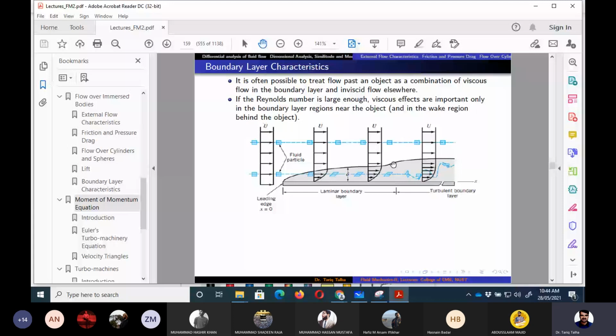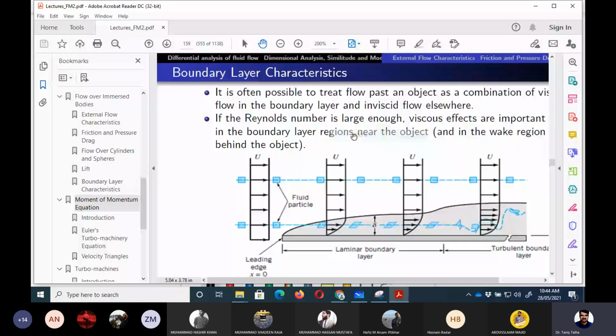For instance, if the velocity coming onto this plate is 10 meters per second, then in this shaded region it is always less than that, because there are viscous effects. And there is a second thing which let me make a little more visible to you.